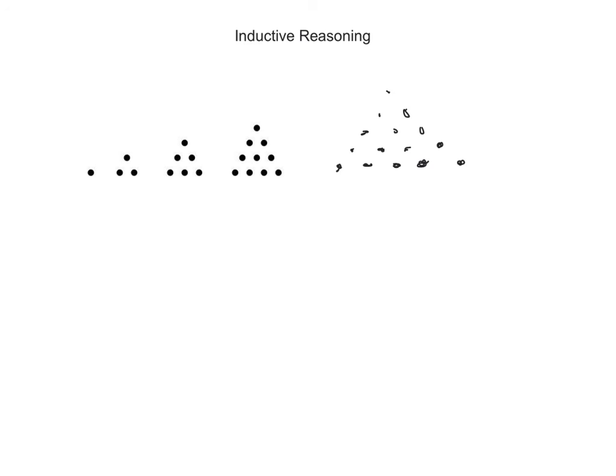So I think it would have a base of 5 and then 5 going up the sides in a pyramid structure like this, because that seems to be the pattern following all along. I'm using inductive reasoning, following the pattern to figure out what that next one is, and I could keep doing that for the series. So that's inductive reasoning.